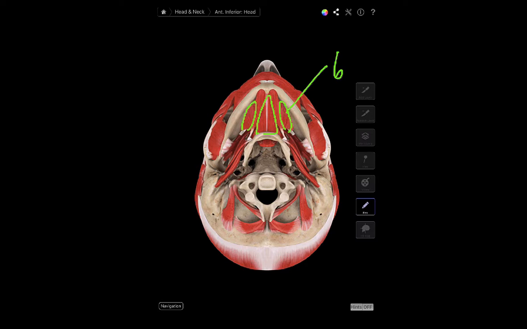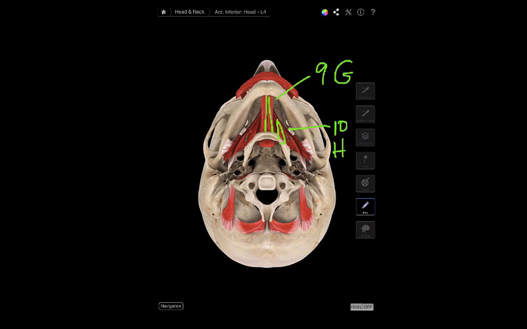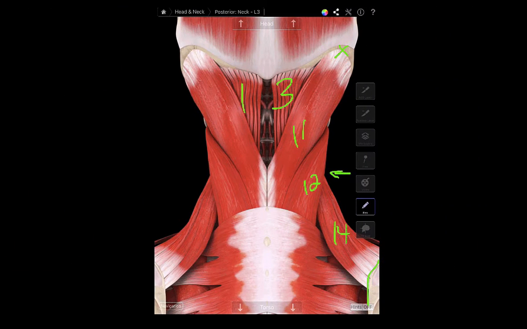There's 6 as it appears on the Quizlet. There you could see it with 7 and 8. Here's 9 and 10. And here is 11 through 14.